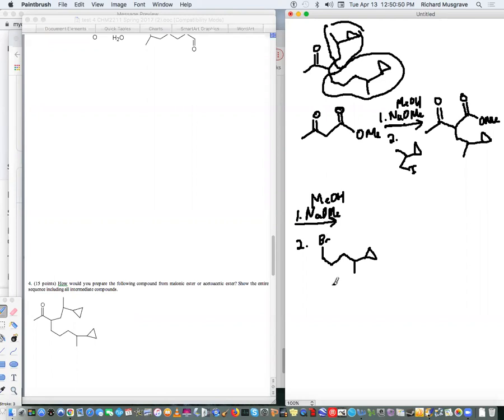So hopefully you can see what I did there. I just took that entire group, and where it joins onto the middle carbon, that's where I put the bromine. But remember, it could be a bromine, an iodide, or a chloride. It doesn't matter which, really. And the compound I end up with at this point is going to be this one.